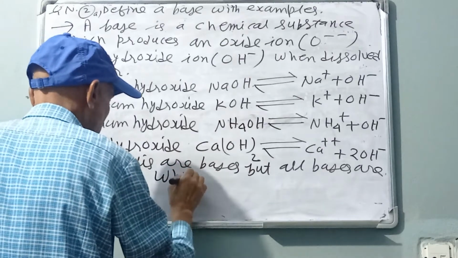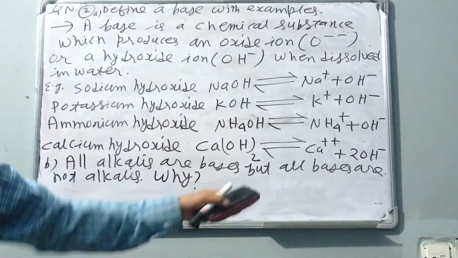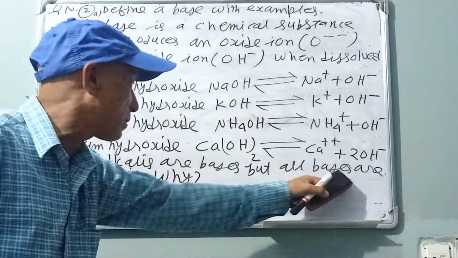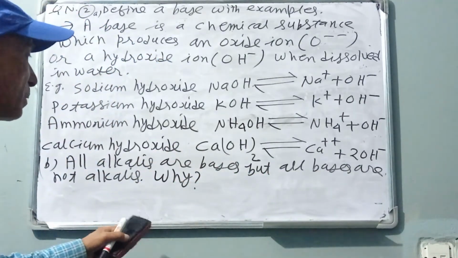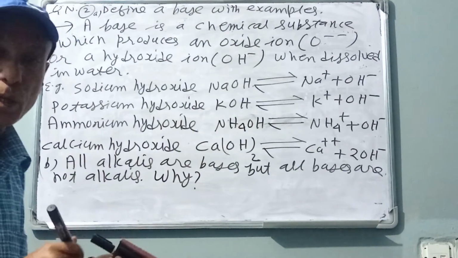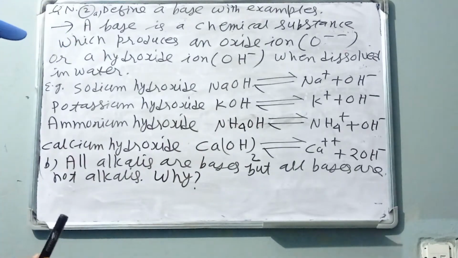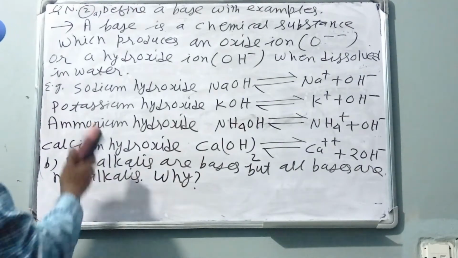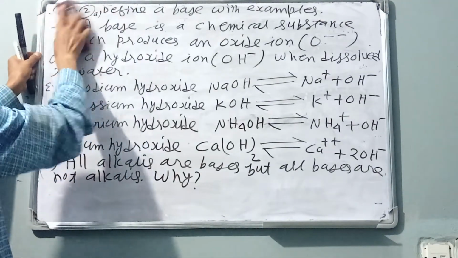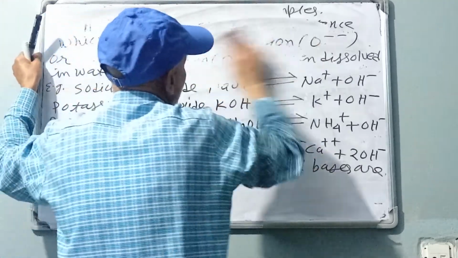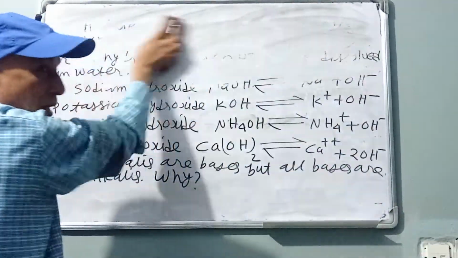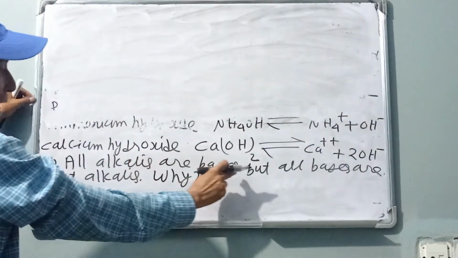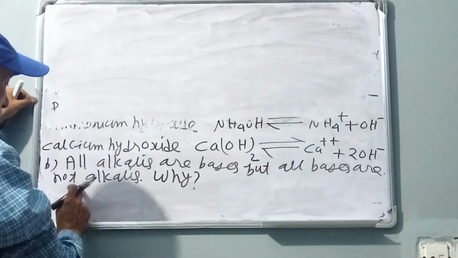Why? All alkalis are bases. When we say alkalis, they are bases, but all bases are not alkalis. It means some bases are soluble, some are insoluble. That is the question. The answer of this question is: all alkalis are bases, but all bases are not alkalis.